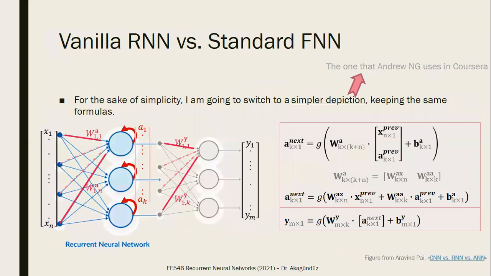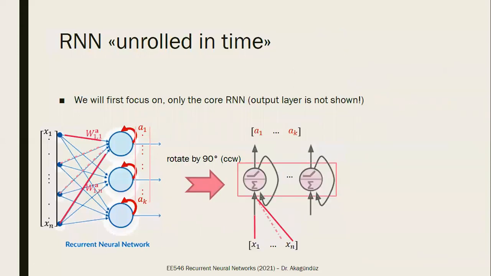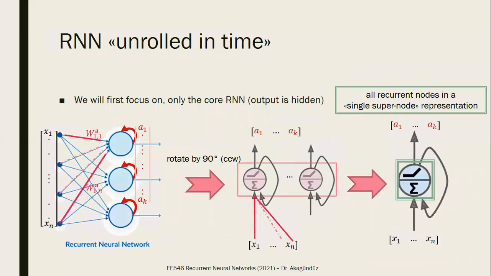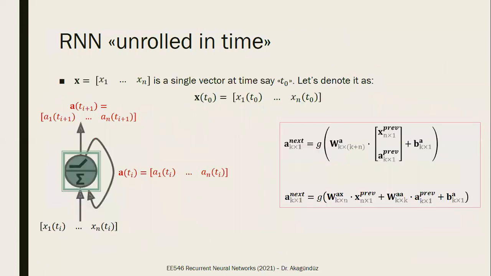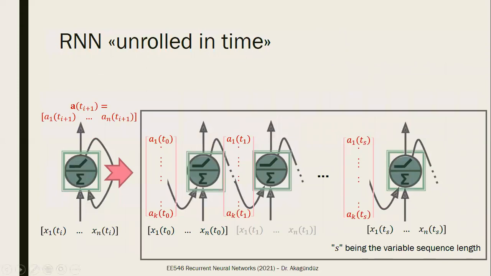I told you that this part was the recurrent neural network, this part was the output, and I have taken only this part and rotated it counterclockwise 90 degrees to use this supernode representation, and I've unrolled only this supernode representation.